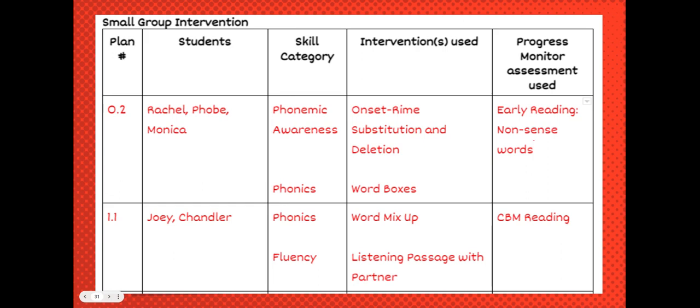Next, we have the recommended interventions. In this case, those interventions are onset rhyme substitution and deletion, as well as word boxes. We will be using the Early Reading Nonsense Words Assessment to progress monitor these students throughout the intervention process.